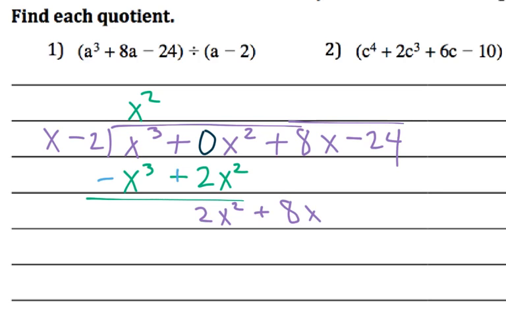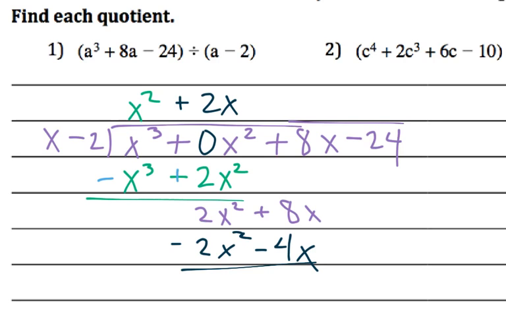Okay, let's see. Let's add a 2 here, because 2 times x is going to be giving me that 2x, but I also need an x so that I get that whole 2x squared term. And then now I do 2x times negative 2, and I get a minus 4x.